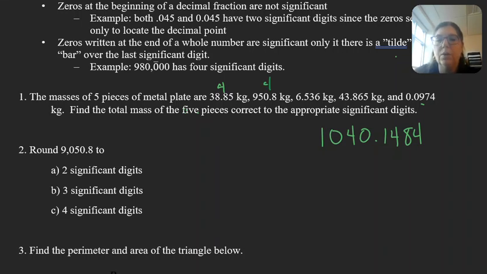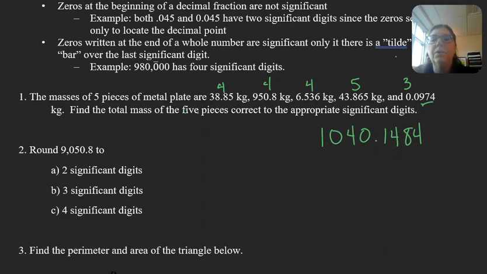So this has 4 significant digits. 6.536 are all significant, there are no zeros. Same with 43.865, but since there are 5 of them, it has 5 significant digits. On this one, the zeros are to the left of significant digits, so they do not count. So we have the 9, the 7, and the 4 that are significant, so this one has 3.